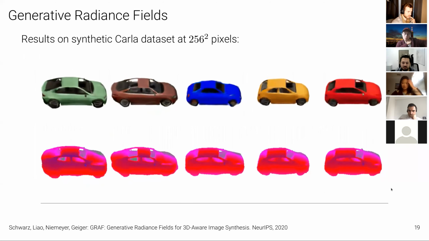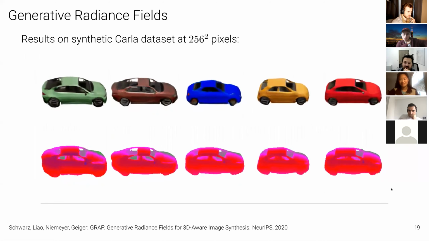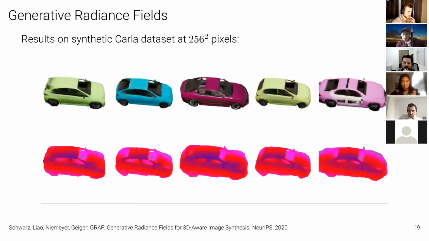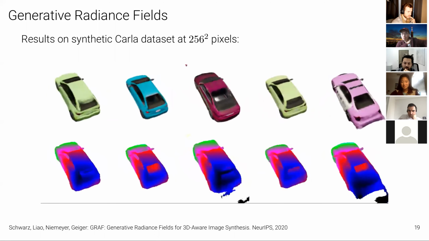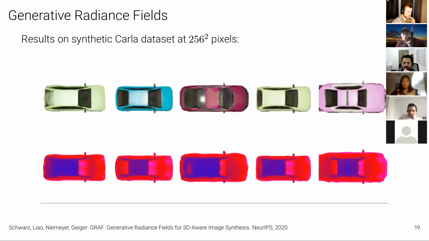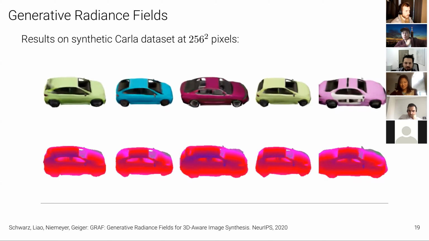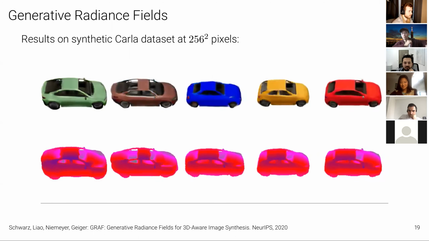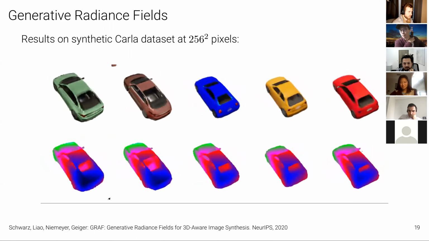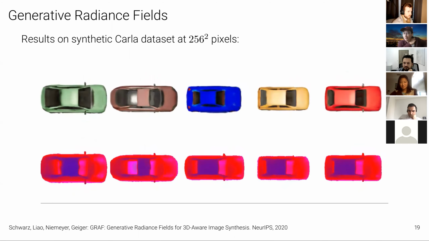You could do some tricks maybe, but in the GAN setting, it's very hard to evaluate how good these depth maps are. It's a good point, but we just evaluate it visually, and for our purposes that is enough. Yeah. Okay, got it. Thank you.